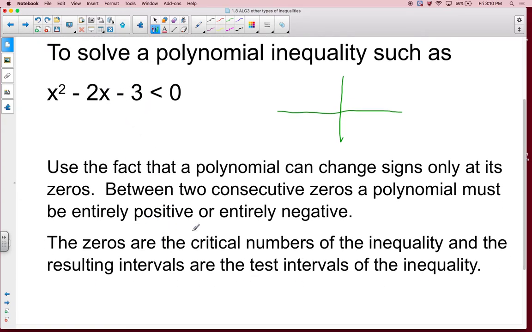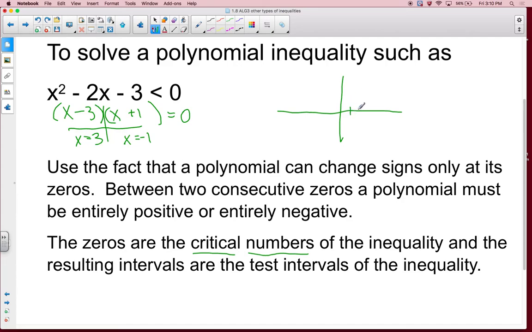So what we want to be looking at is our critical values. The critical values, or the critical numbers, we're going to find by factoring this. If we factor this, I get x minus 3 and x plus 1. I'm going to set this equal to 0 to find the critical numbers. So I get x is 3 and x is negative 1. That is telling me where it crosses my x-axis.